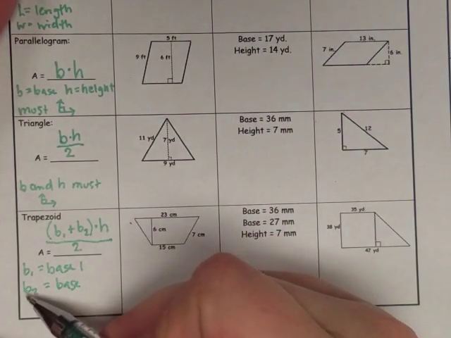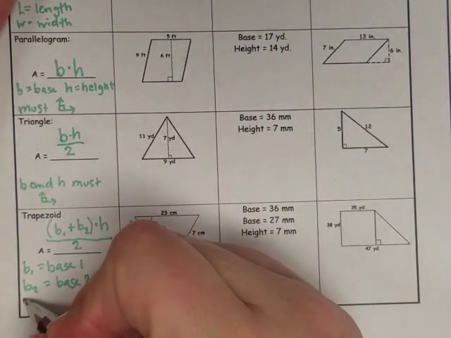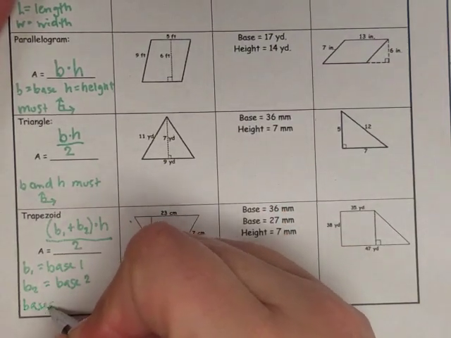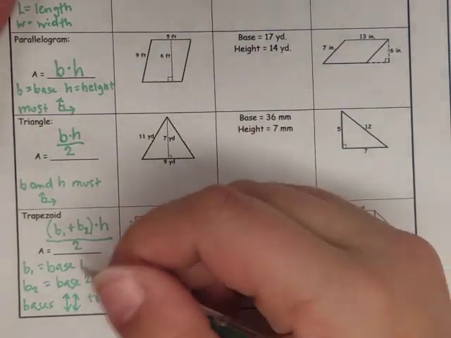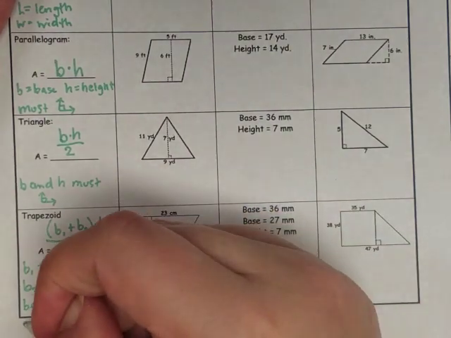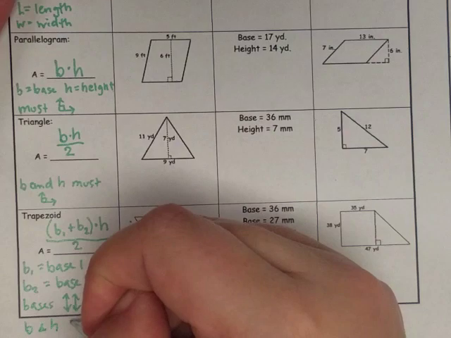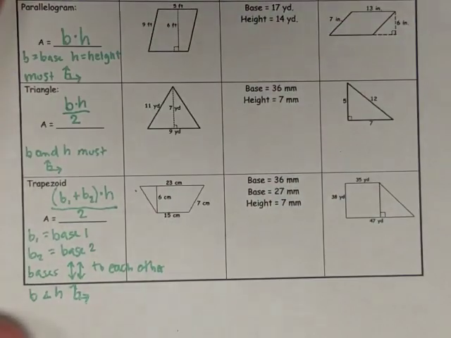This just means it's the second base. And then your bases are parallel to each other, and your base and height are perpendicular, just the same as above on these other three.